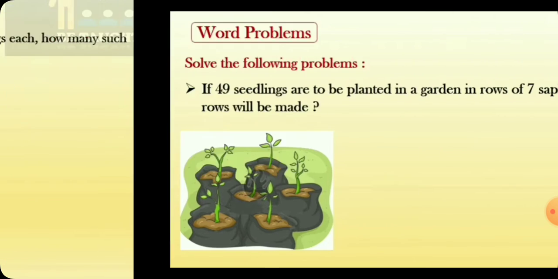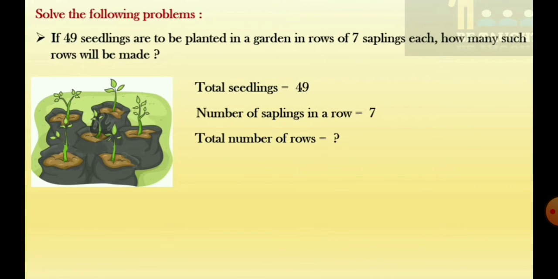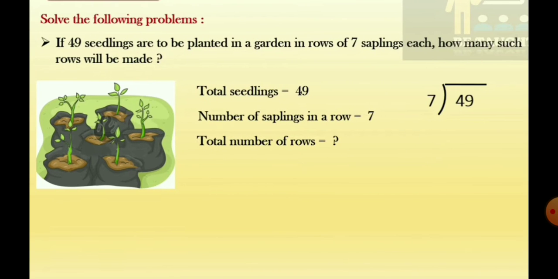First of all, let us write the statement: total seedlings are 49, number of saplings in a row is 7. So how many will be the total number of rows? Okay, so again we will do it with the help of vertical division, that is 49 divided by 7.